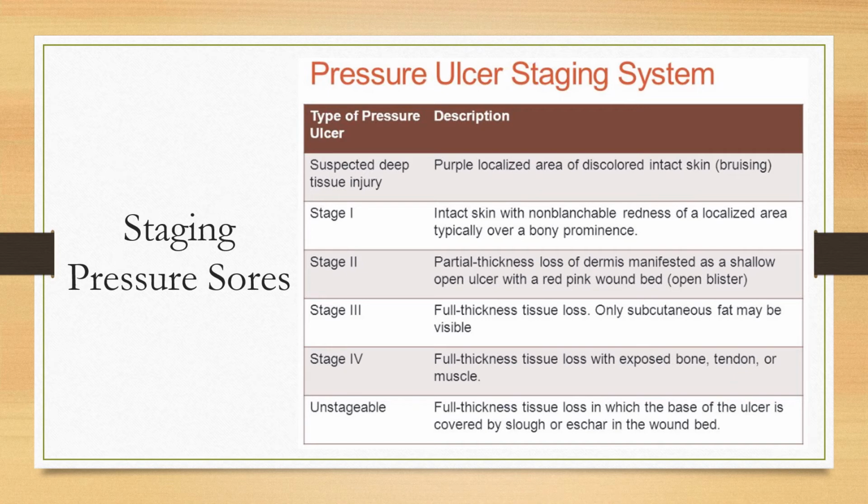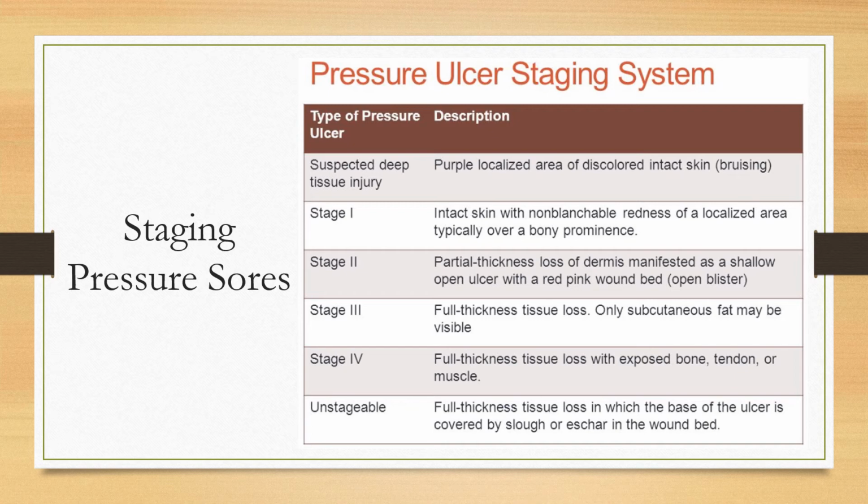So a stage 1 ulcer is where the skin's still intact, but it's inflamed, right? Non-blanchable redness means that there's a bit of blood outside of the tissue, right? If it was blanchable, it would still be in the blood vessels. Okay.